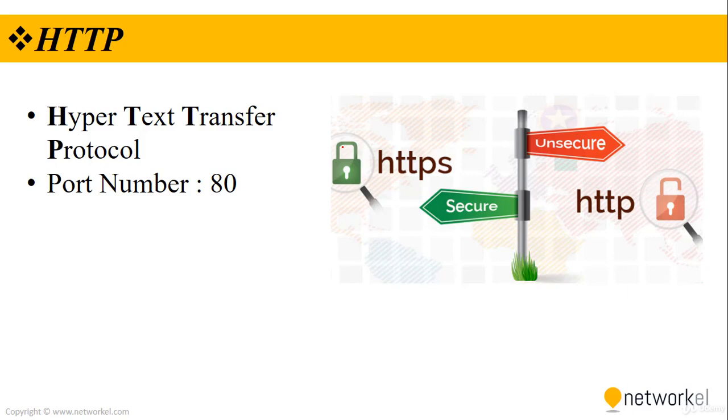HTTP is the underlying protocol used by the World Wide Web, and it defines how messages are formatted and transmitted and what actions web servers and browsers should take in response to various commands. For example, when you enter a URL in your web browser, this actually sends an HTTP command to the web server directing it to fetch and transmit the requested web page.